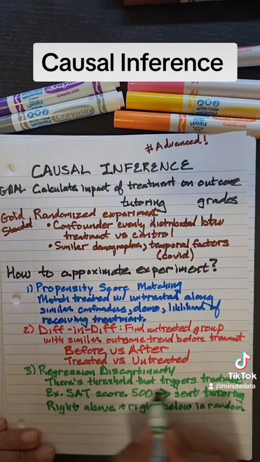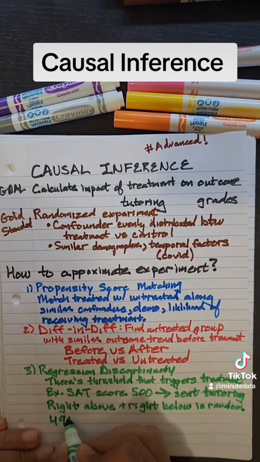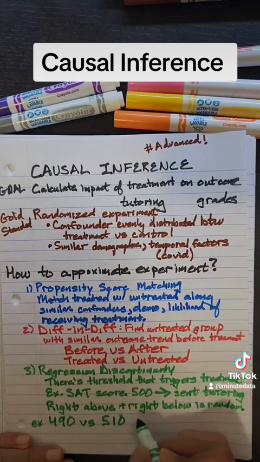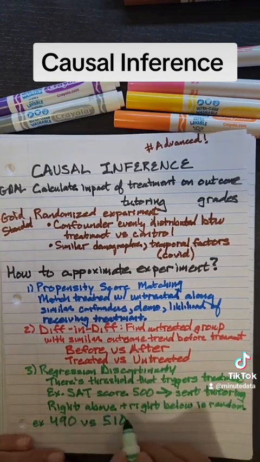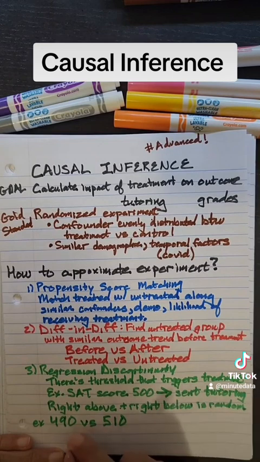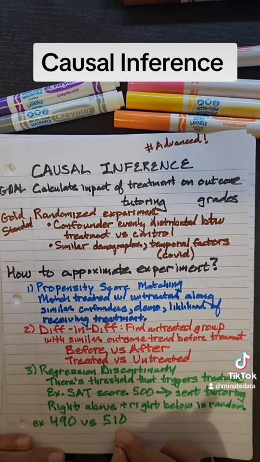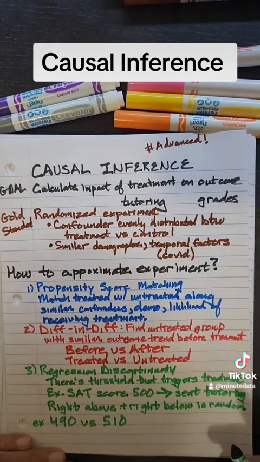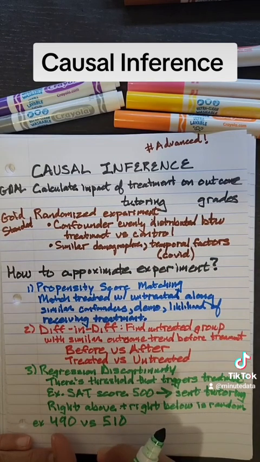In our case for this SAT score, 490 versus say 510 on the SAT is a bit random, actually. It could just be one question off. So the folks right below versus right above are actually quite similar. The only difference is that by scoring right above, they get triggered into the treatment, which in this case is being sent to the tutoring program. Hence, we can compare the folks right below versus the folks right above getting the tutoring to evaluate the impact of tutoring.